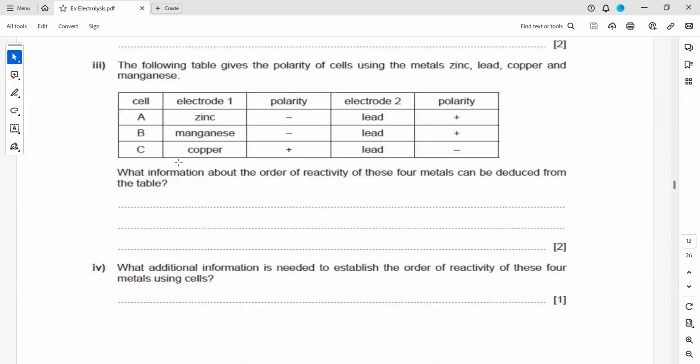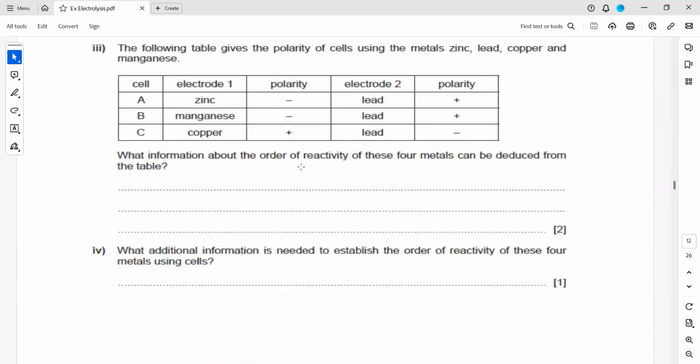The next one, the following table gives the polarity of the electrodes. As we know, the one which is negative should be more reactive. What information about the reactivity of these four metals can you deduce from the table? For zinc and lead, which is more reactive?